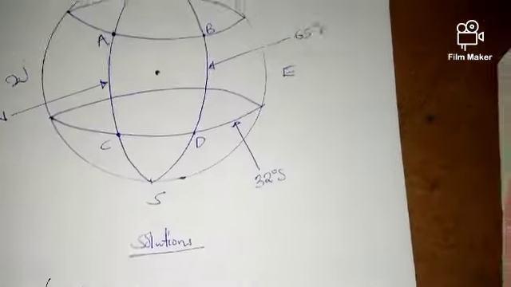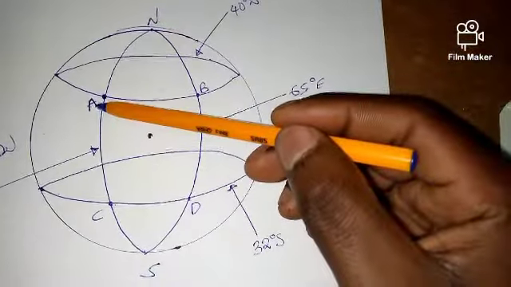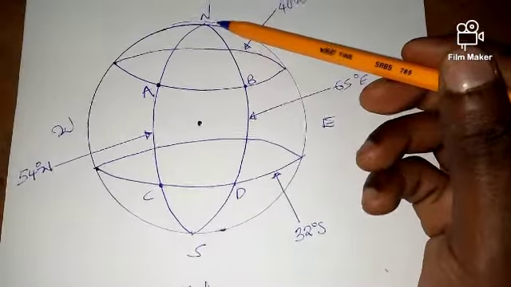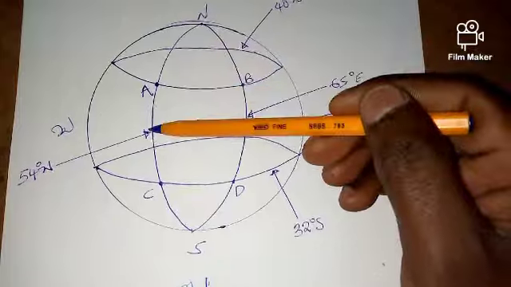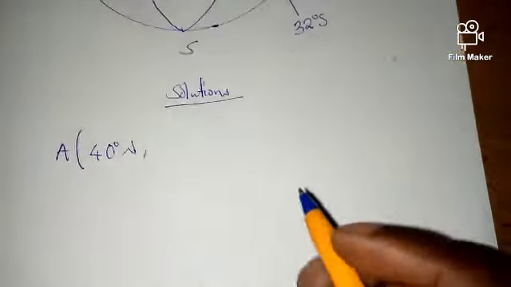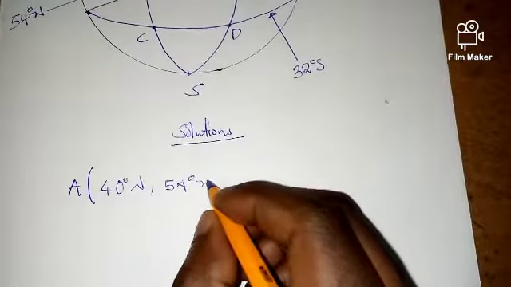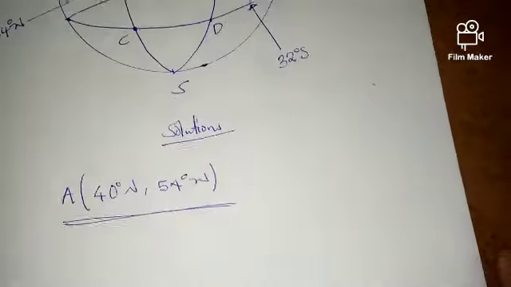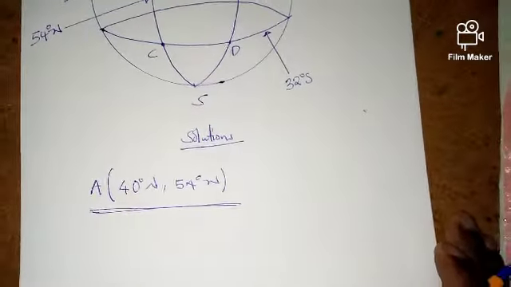Then I'll look at where point A or town A is lying in terms of longitude. In this case, we can all see that point A is lying on longitude 54 degrees west. So I'm going to write 54 degrees west in my solutions, and that is the end. As simple as that. You have allocated town A or point A.